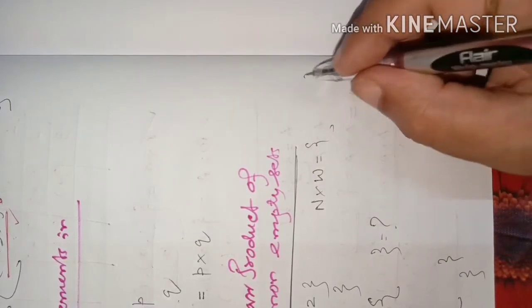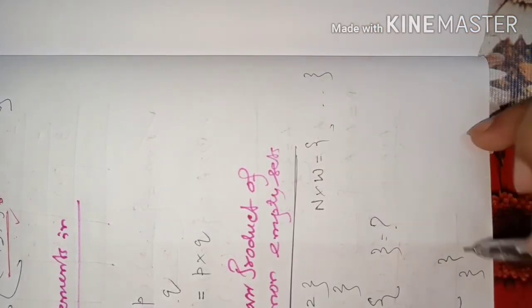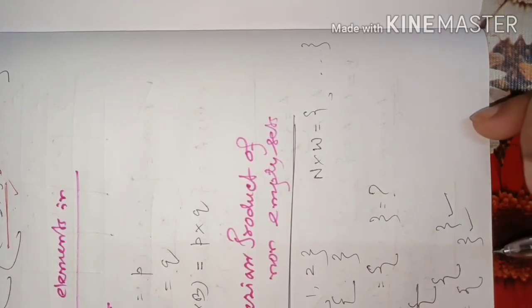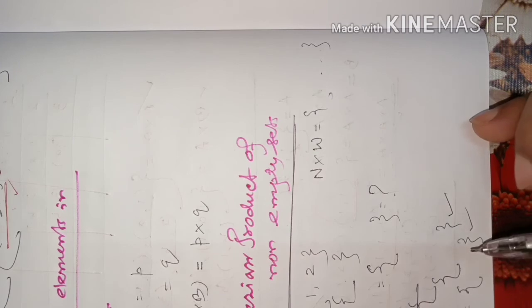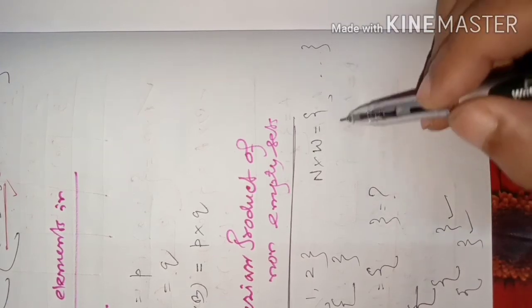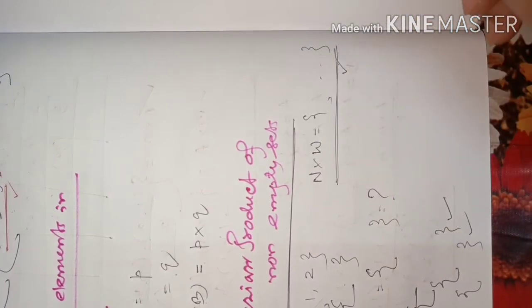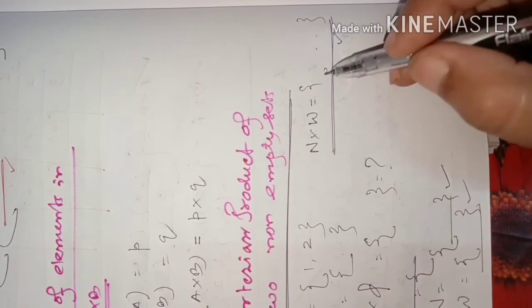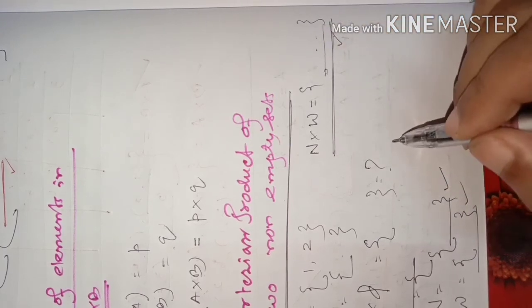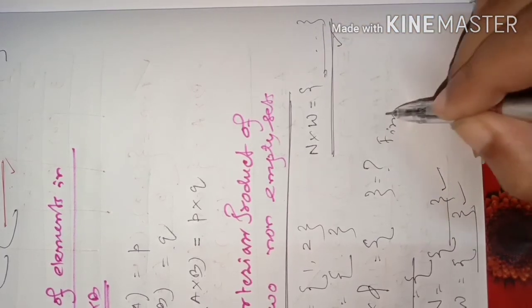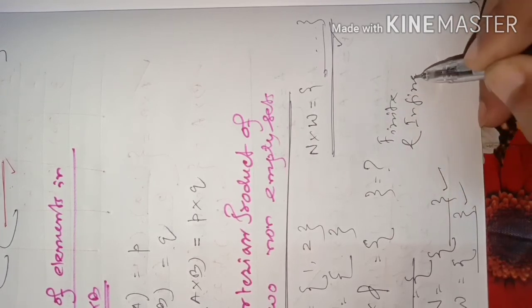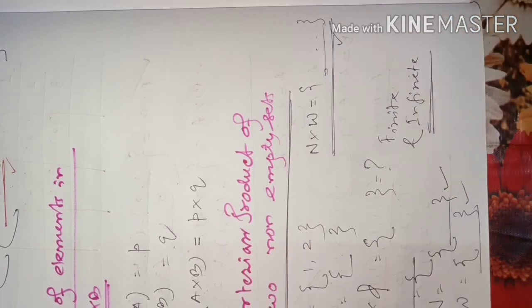An infinite number of pairs will be there. So the Cartesian product of finite and infinite sets, or two infinite sets, will have an infinite number of elements. Is it understood, students? So the Cartesian product of infinite sets will have an infinite number of elements. The Cartesian product of finite and infinite also will have an infinite number of elements.